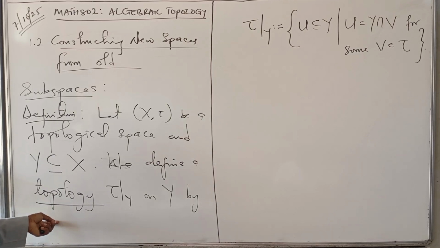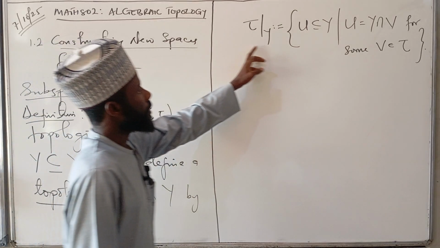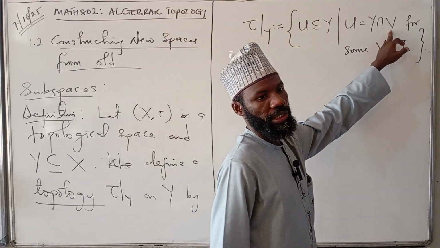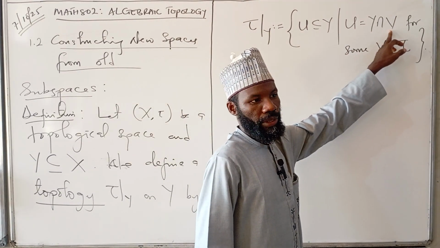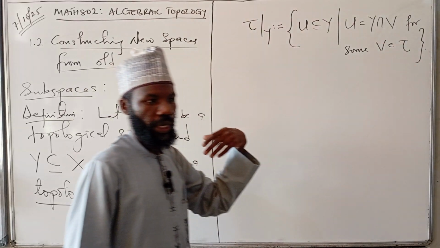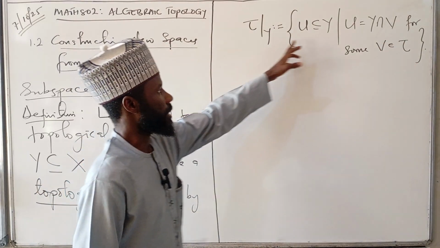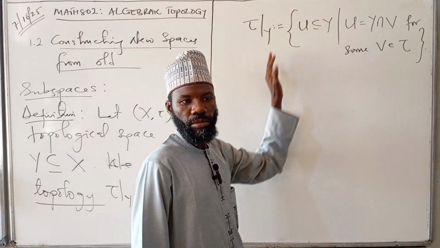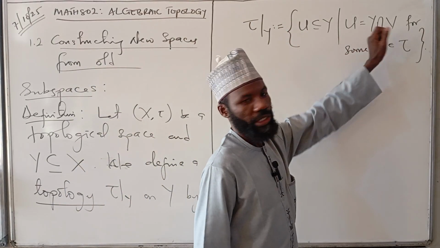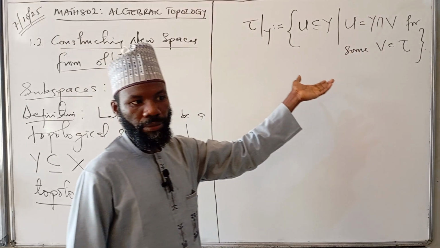But it can be proved to be a topology. How do you prove that it is a topology? First, show that Y is there. Y can be written as Y intersection X, because X contains Y, so Y is a member of tau restricted to Y. The empty set is Y intersection empty, so it's there.